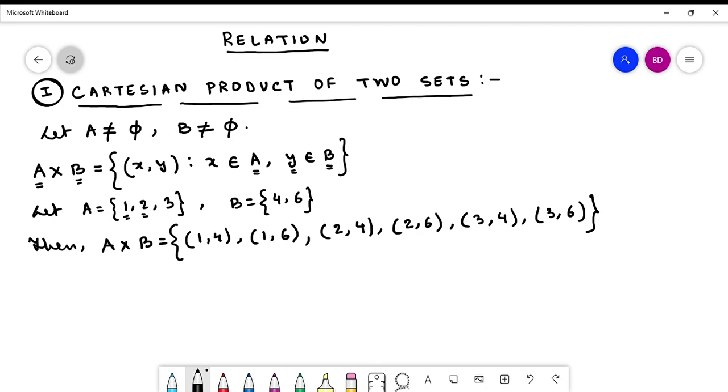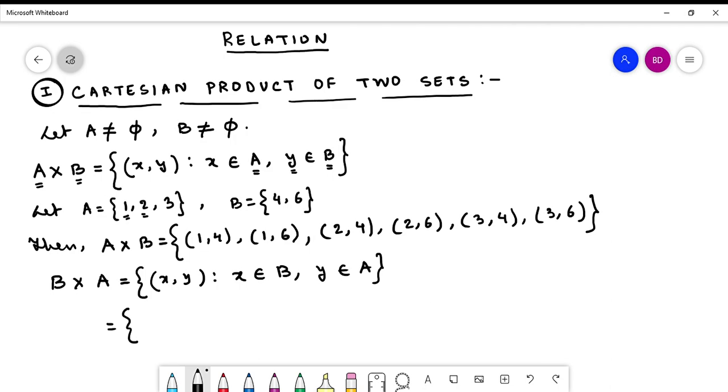Now this is A cross B. Suppose I want to enlist the elements of B cross A. So what will be B cross A in the set builder form if I want to write it? It will be the set containing all the ordered pairs (x, y) such that this time the first element x will come from the first set B and the second element from the second set A. So for the same set of examples, that is A and B written above, if I want to find out the elements of B cross A, first I will take 4.